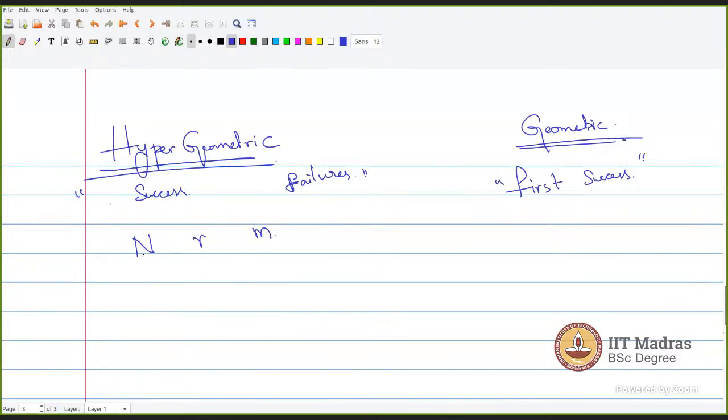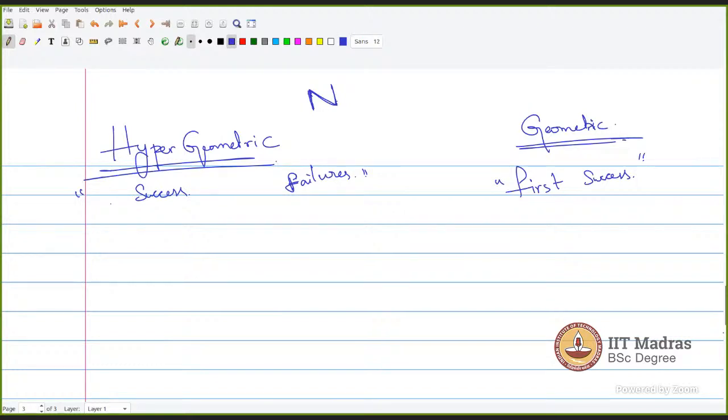Okay. So N is the larger population size, I guess, right? Yes. Okay. So out of the population size N, we have taken a random sample. R of type 1.